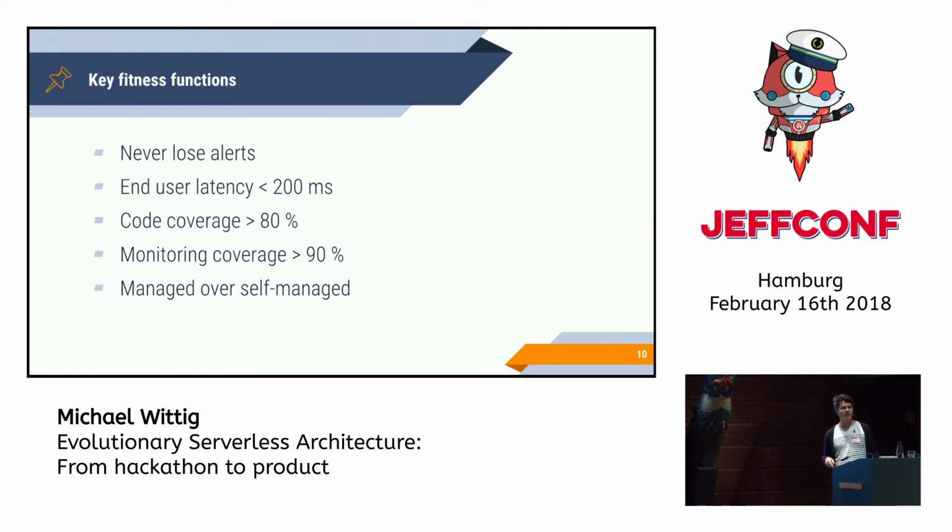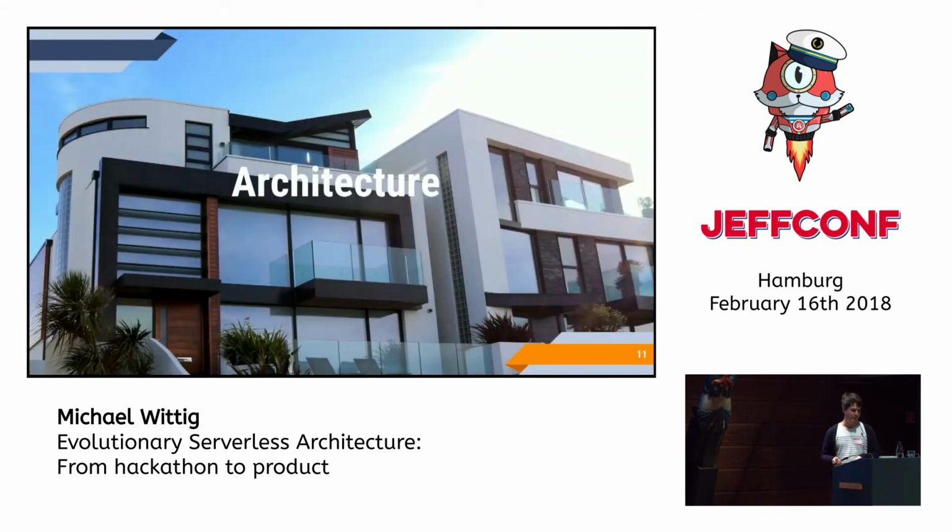So everything that we use should be monitored for error counts or latency or things like this. And finally, we want to prefer managed services over self-managed stuff. So when we evolve our architecture, we make sure that we will use more managed stuff while we evolve the architecture.